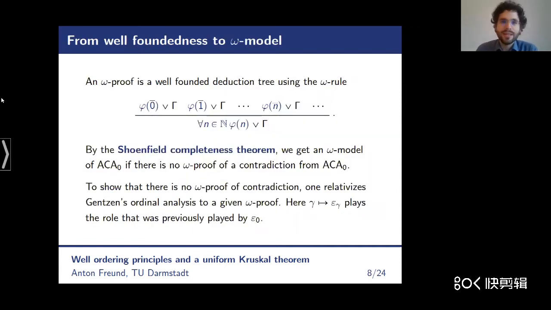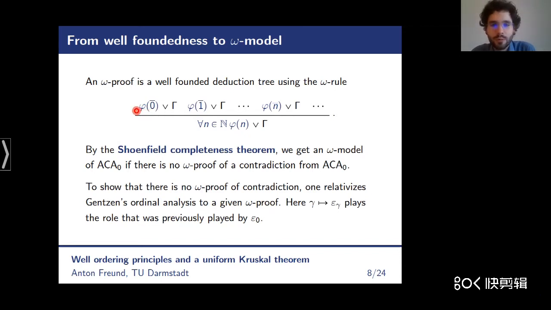And for that, the idea is to use the notion of omega proof. So an omega proof is a tree. You can also write normal proofs as trees, where you go from axioms to the conclusion that's written at the root of the tree. But in an omega proof, what's special is that if you want to derive a statement of this form here, for all natural numbers n, phi of n holds, then you can derive this from infinitely many premises.